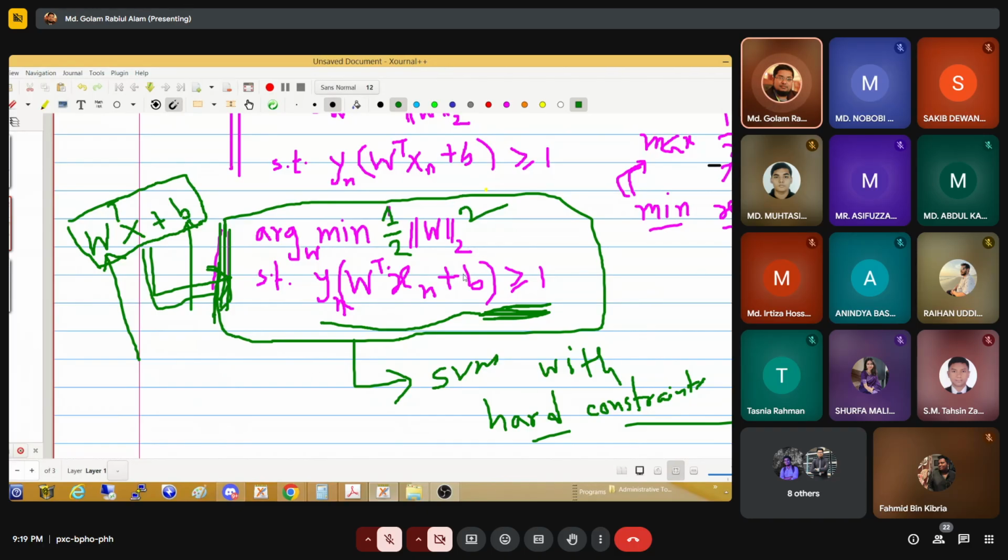As this is an optimization problem, we can solve it using many optimizers. We can think about solving it using Adam, Saga, Newton's method, LBFGS, and the Lagrangian method. We can even find the optimal value of W utilizing gradient descent, or maybe stochastic gradient descent.